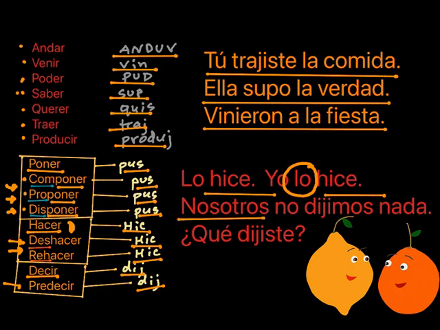We choose to use the subject pronoun. No dijimos. We didn't say anything. So in Spanish it's double negative, so it's nosotros no dijimos nada. Double negative is actually correct and required. We said nothing. ¿Qué dijiste? What did you say? Again, you're using the irregular root dich. You see it right here.